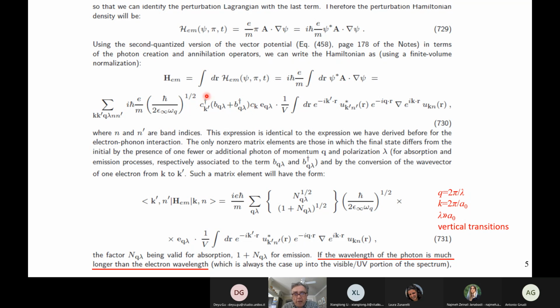And then we have this term, which, if you remember, is very similar to what we saw for the electron-phonon interaction. The process is: take an electron with wave vector k, annihilate it, creating a new electron with wave vector k prime, and the difference in momentum, k minus k prime, comes from the momentum ħq that we give to the photon.